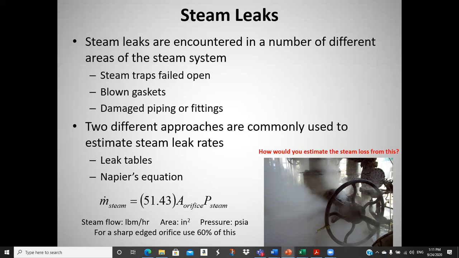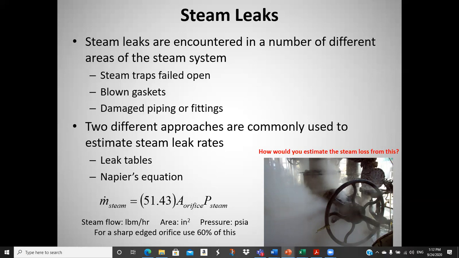Okay, now catch this. Where this stuff is developed is in laboratory testing. When you make an orifice, you go in the shop, take a plate, and drill a hole in it. Well, you can have a sharp-edged orifice, and you can have a dull-edged orifice. A sharp-edged orifice, I guess because you have more turbulence around that sharp edge, will pass roughly 60% of what a dull-edged orifice will pass, based on scientific testing.